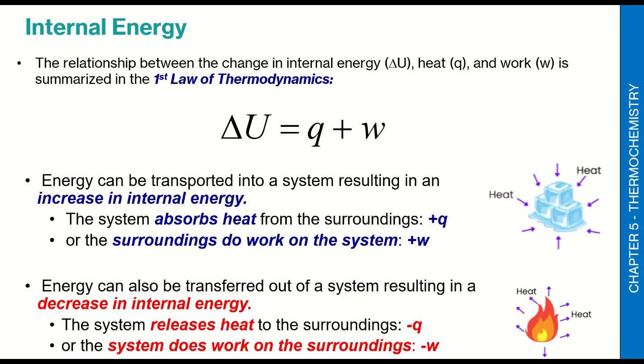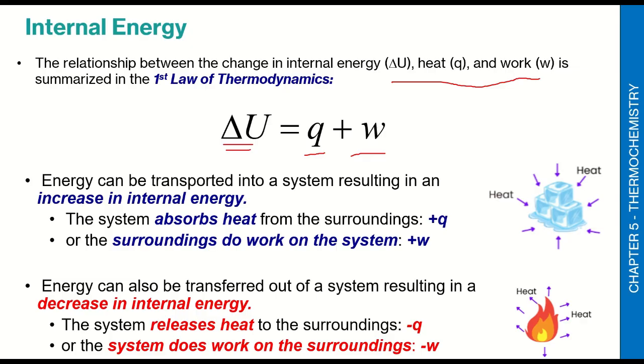The relationship between the change in internal energy, heat, and work is summarized in the first law of thermodynamics. So the change in internal energy will be the sum of work and heat. Energy can be transported into the system, resulting in increasing internal energy.